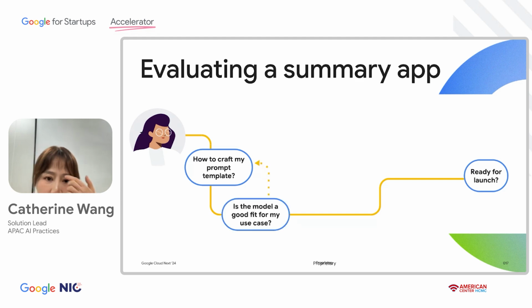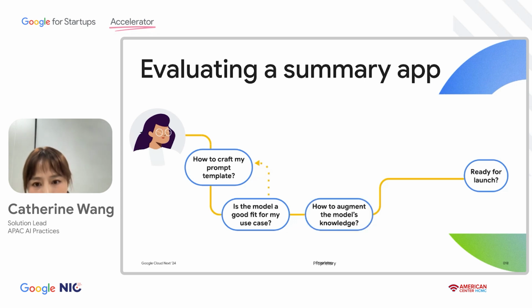The second one is, is the model a good fit for my use case? Let's say you want to compare Gemini Flash version 1 to Gemini Flash version 2, or you want to compare Gemini Flash versus Gemini Pro. Which model is a good fit for my use case on this particular prompt template? And the third one is how to augment the model's knowledge, right?